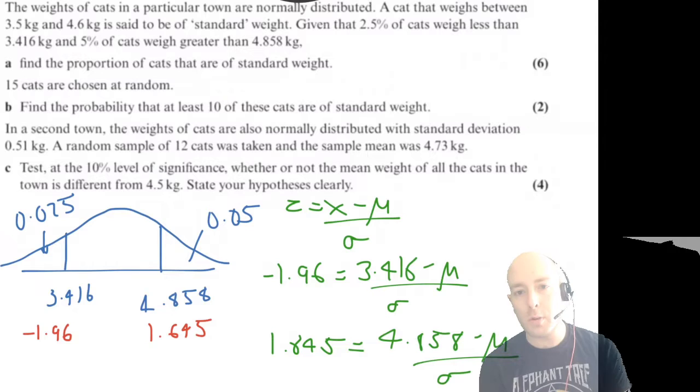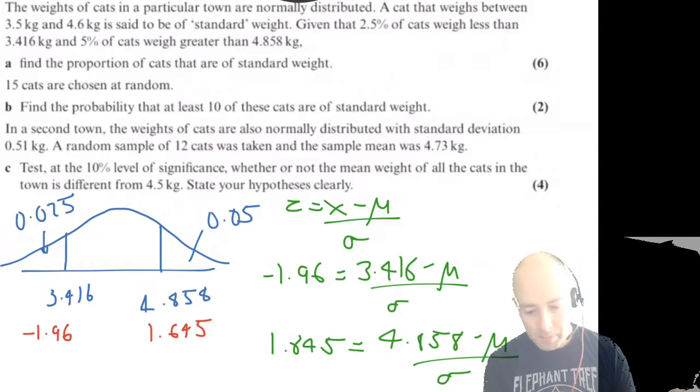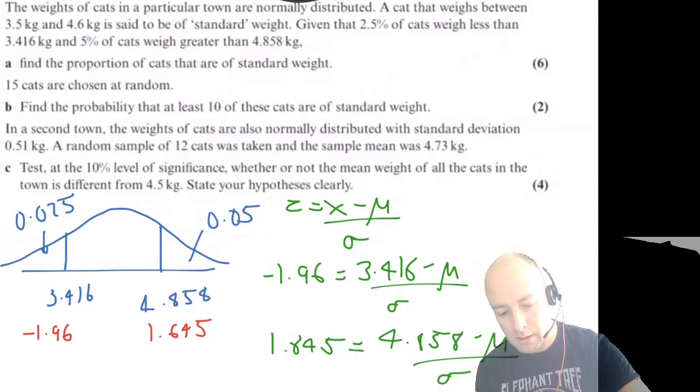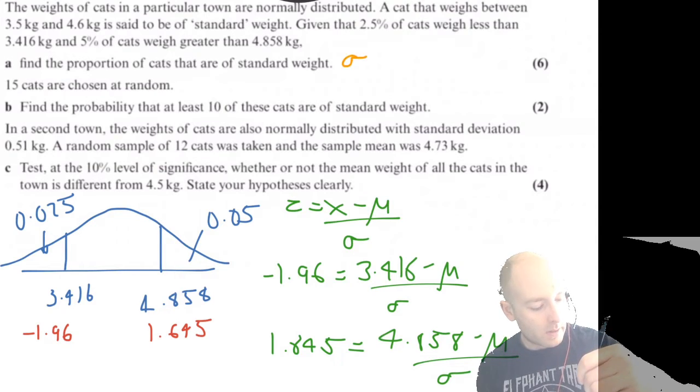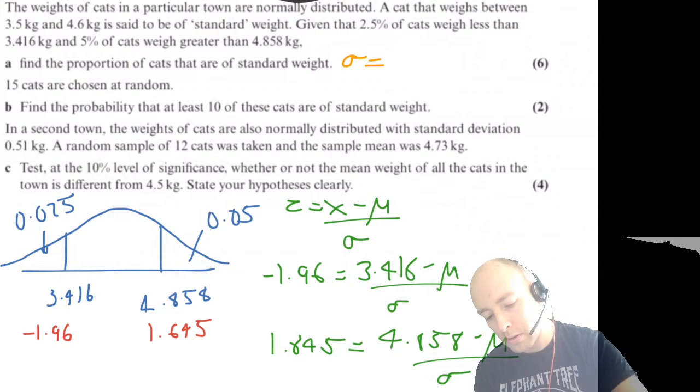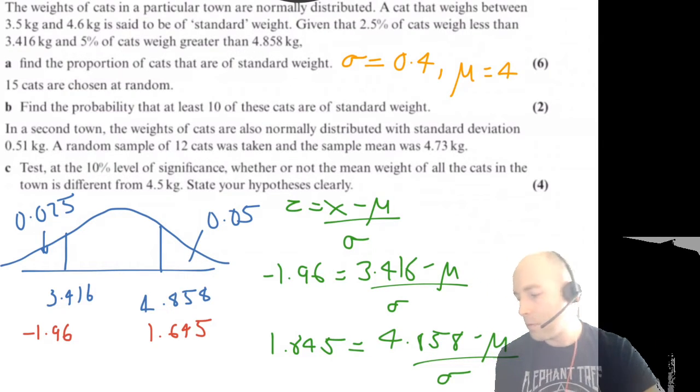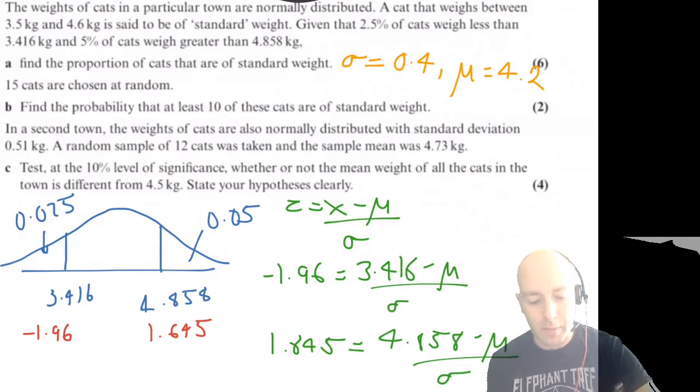So we're going to solve those two equations simultaneously. And when you do that, we will get sigma is 0.4, mu is 4.2 at the top there.